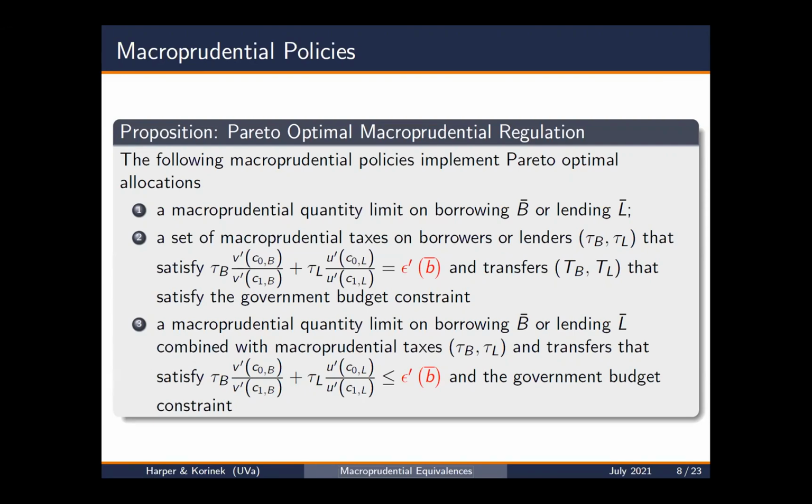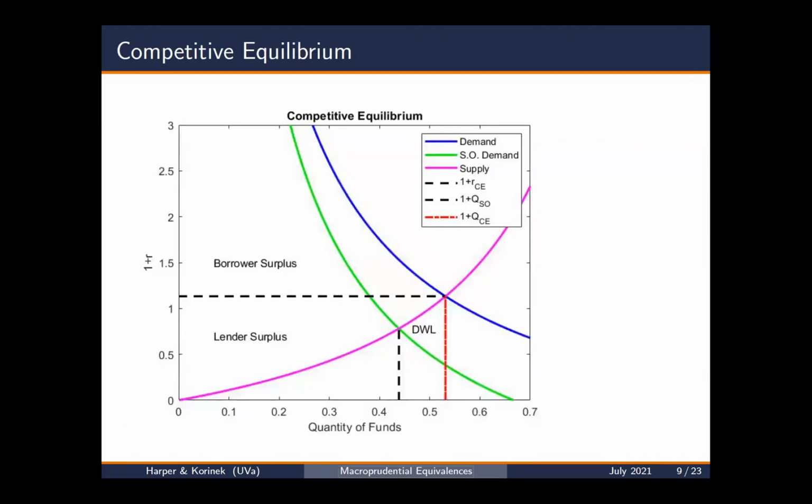And then the government gets to transfer the tax revenue out to borrowers and lenders as it sees fit, subject to its budget constraint. Or you can have a combination of the two, as is described in the third point here. But to see these better, we have a few graphs to illustrate this.